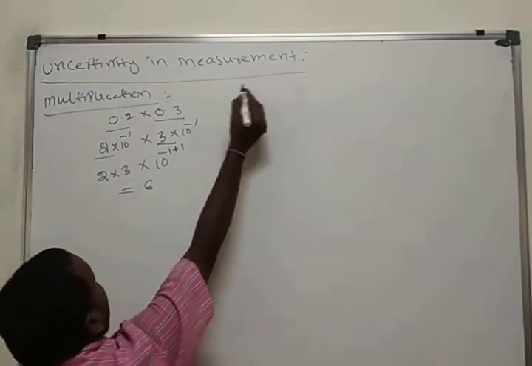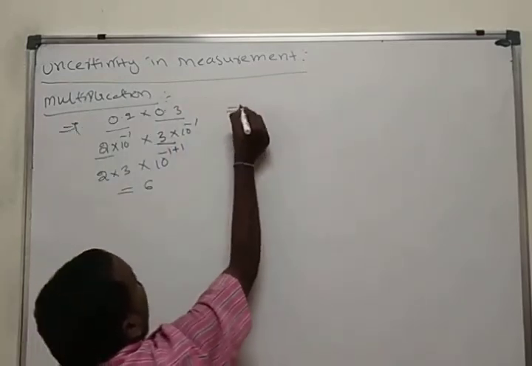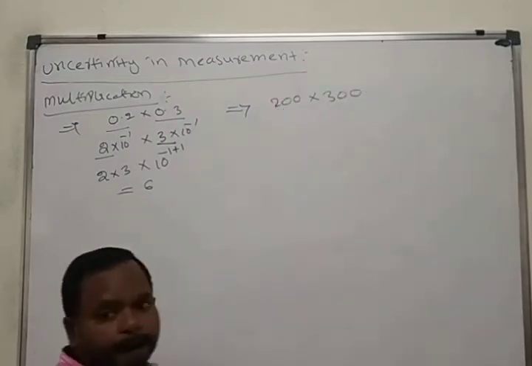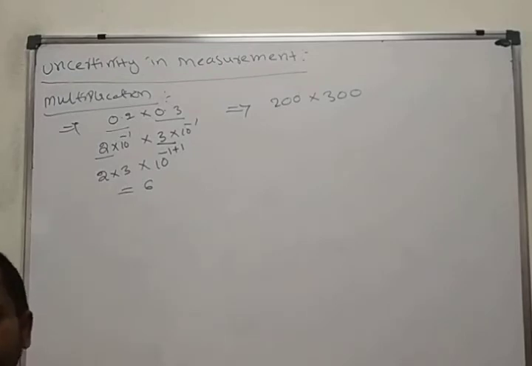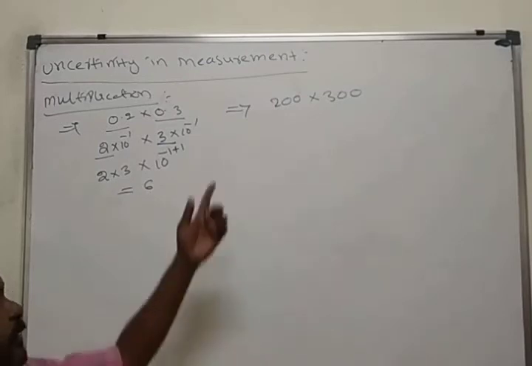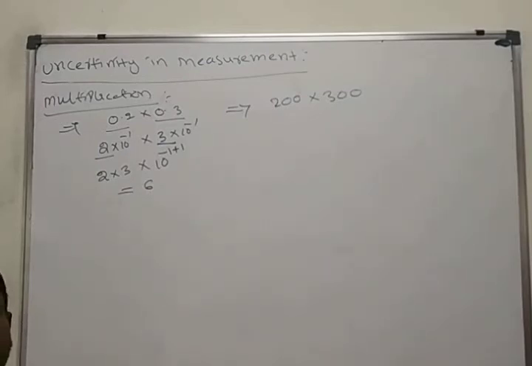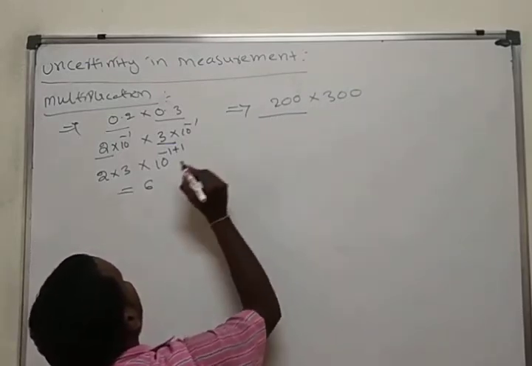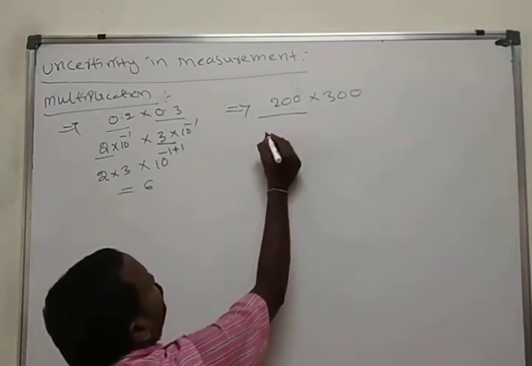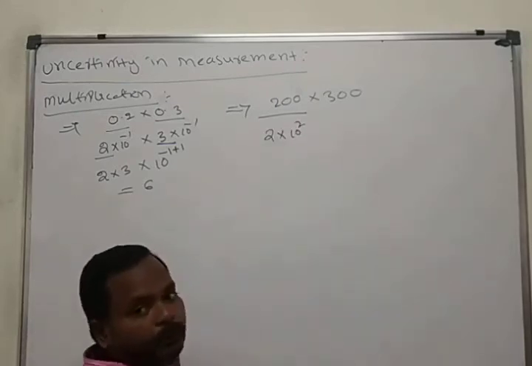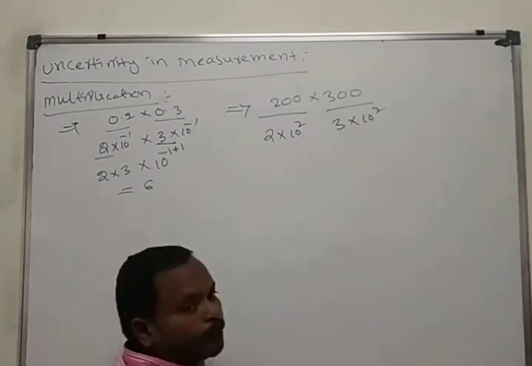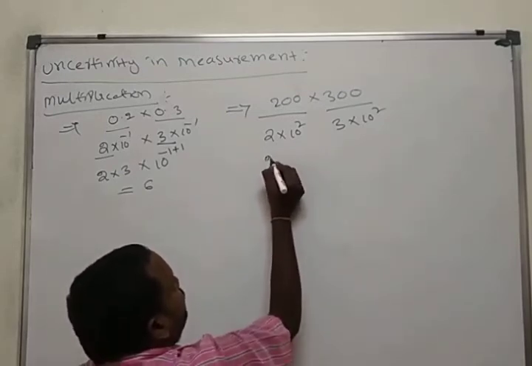Okay, then in continuation, we'll see one simple example. 200 into 300. We calculate the multiplication of these two in scientific notation form. 200 is 2 into 10 to the power of 2, and 300 is 3 into 10 to the power of 2.